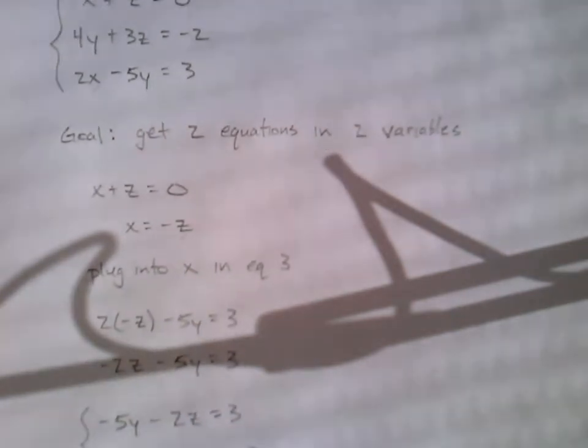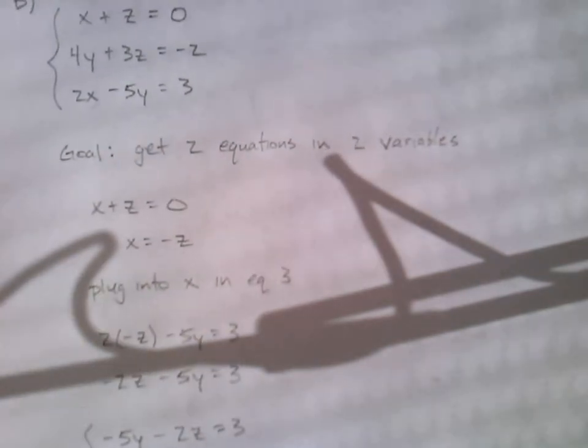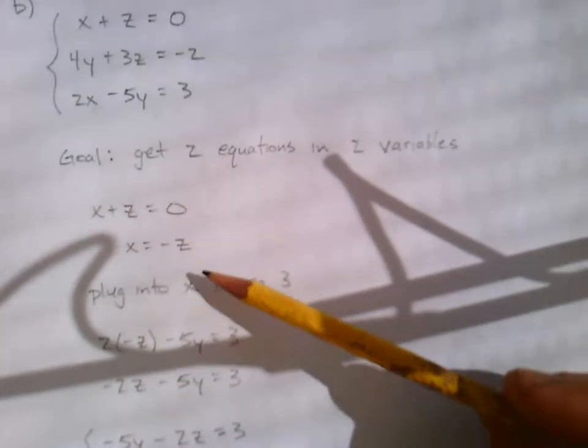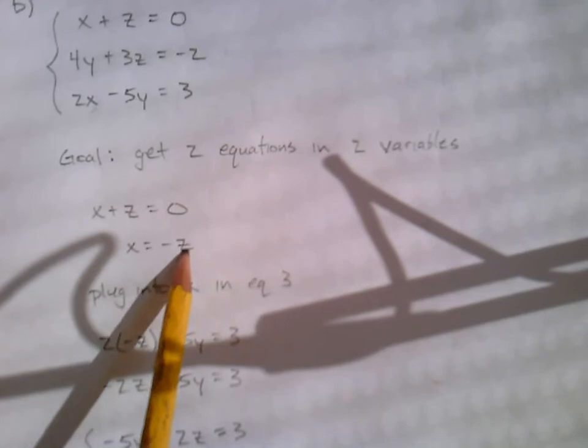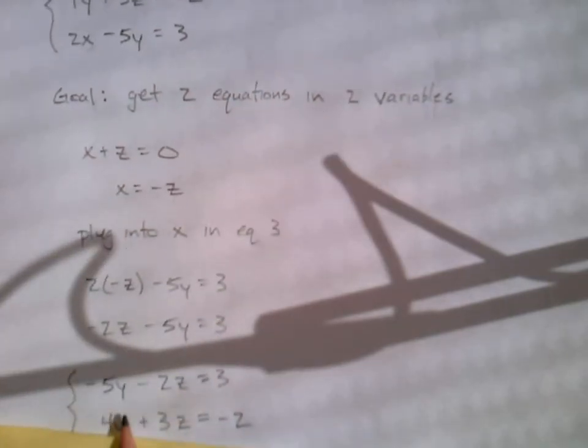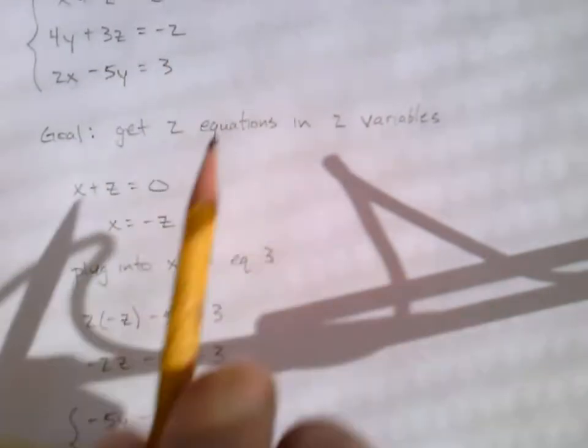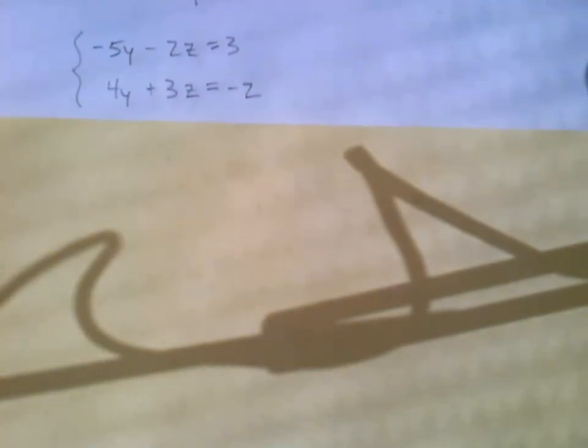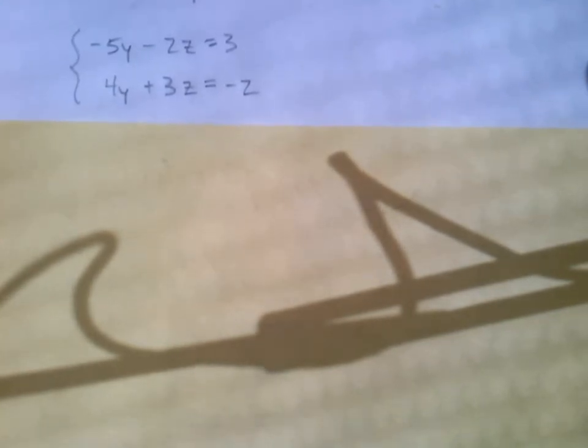You're just hoping something falls into place, and you don't really see where it's going in all details. That's okay. Just follow your nose, put that in, boom. Hey, I've got an equation with y and z. Hey, there's another equation with y and z. And I'm done, at least with my first goal. Okay, hopefully that makes sense.